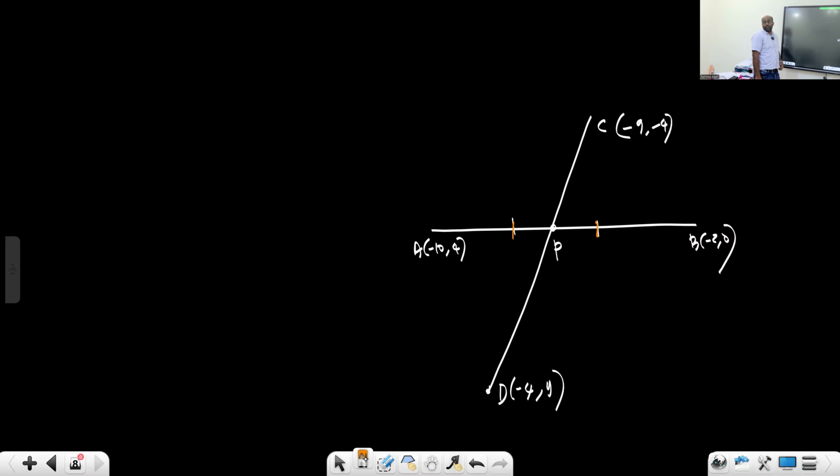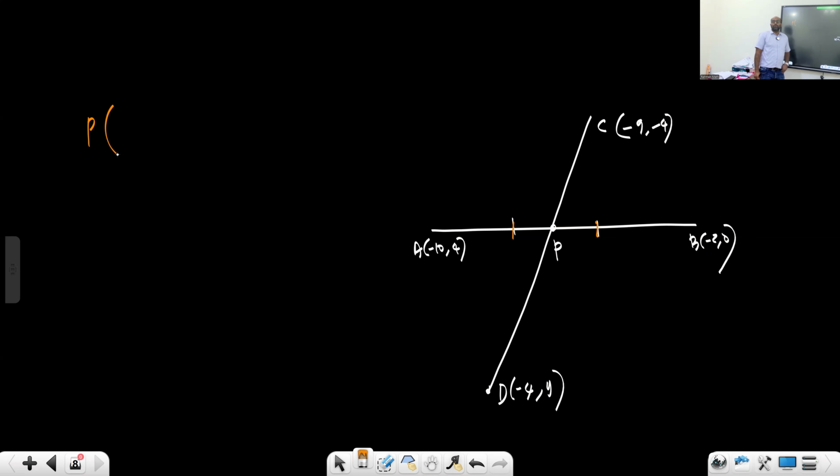What is written in your worksheet? P is the midpoint of AB. Therefore, by the midpoint formula, Siddharth, tell me. P is what plus what by 2, comma, what plus what by 2?